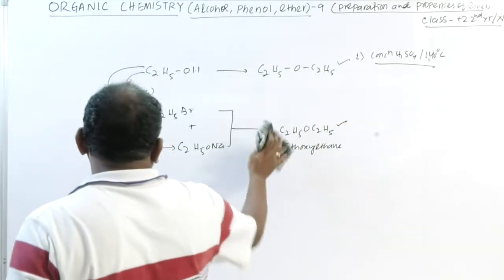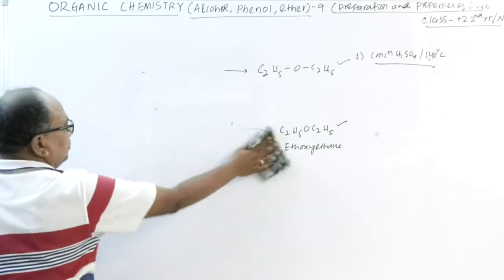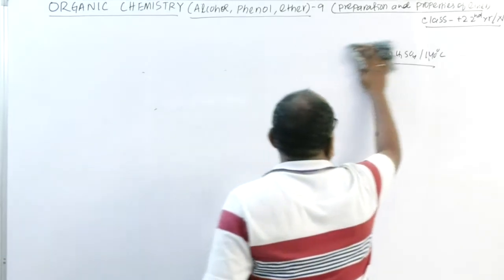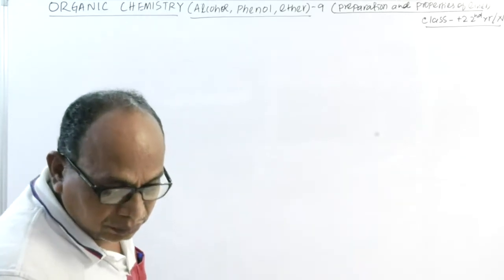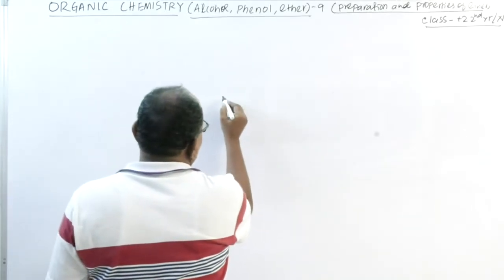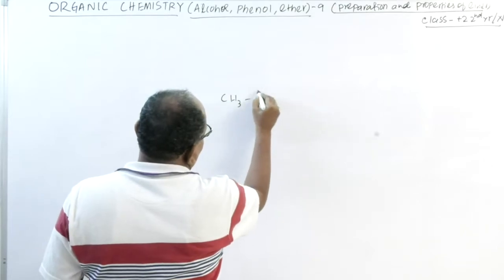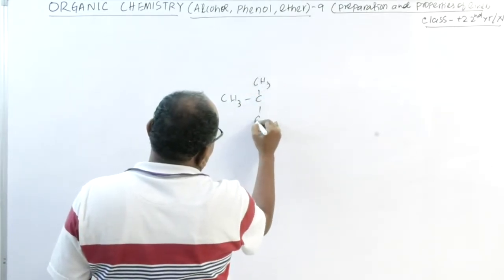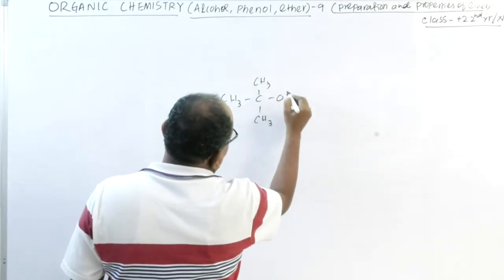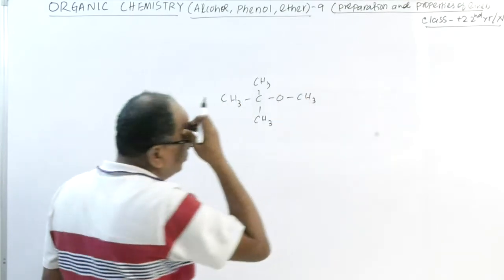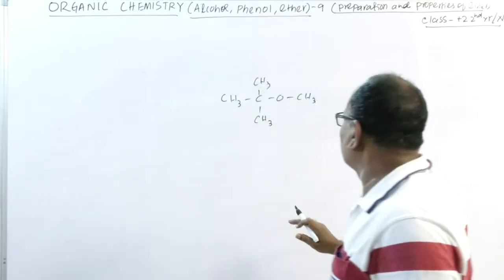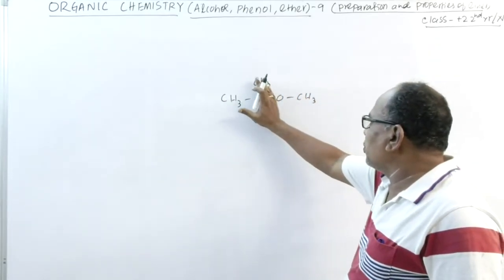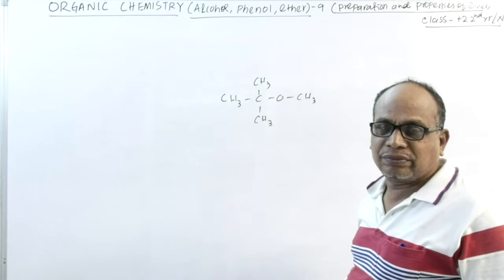Suppose I want to prepare this type of ether. What is this ether? Tertiary butyl methyl ether.